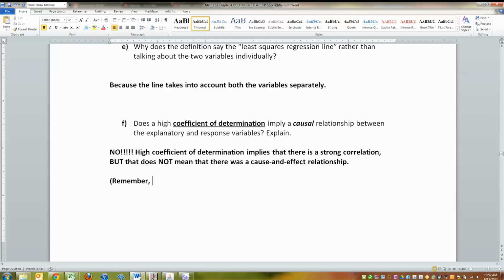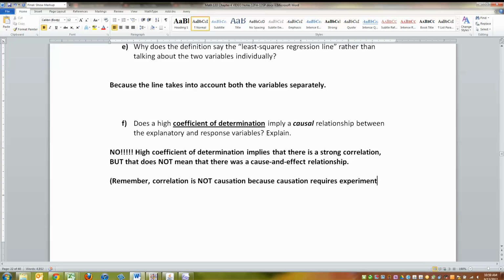Remember, correlation is not causation, right? Because causation requires experimentation and a whole lot of other things.